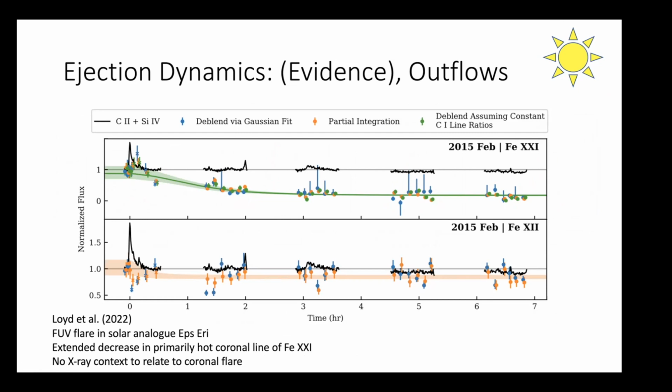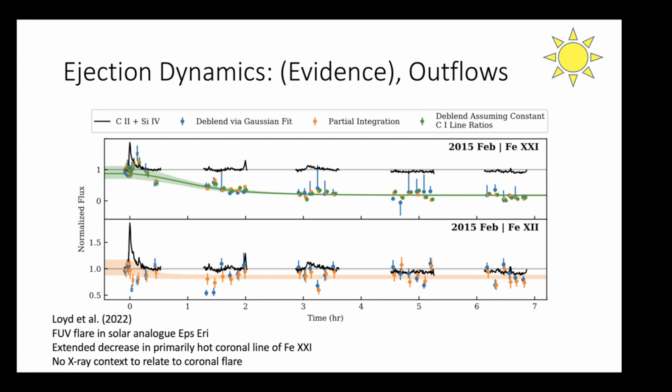So at the very beginning, near time 0, there was a flare seen in this transition region plasma. The COS bandpass has 2 coronal forbidden lines, iron 12 and iron 24, and those are shown in the orange and blue underneath the silicon-4.